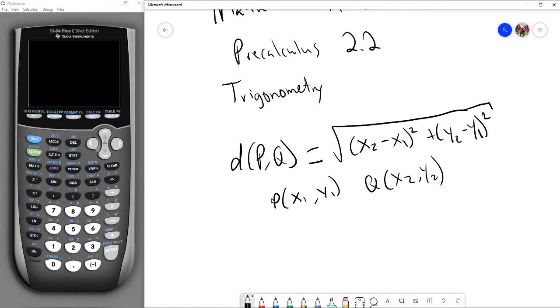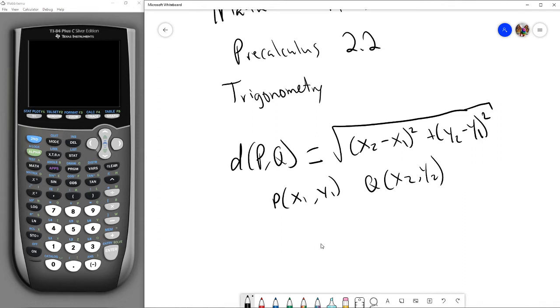Now, it doesn't really matter which one you call x1 and which one you call x2, as long as if P has the x1, then it has to have the y1. You can't have P be x2 and y1, for example. The subscript 2's have to go together, and the subscript 1's have to go together.